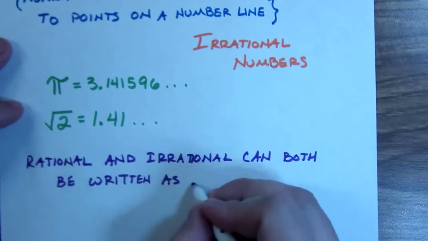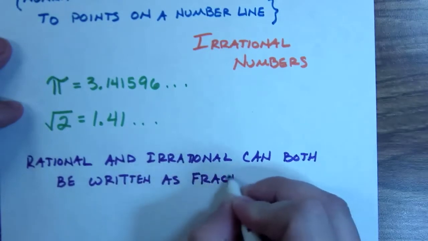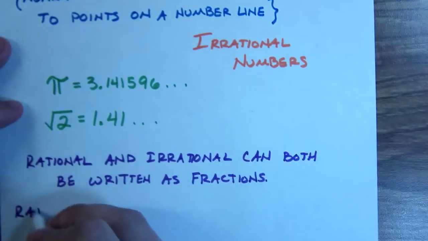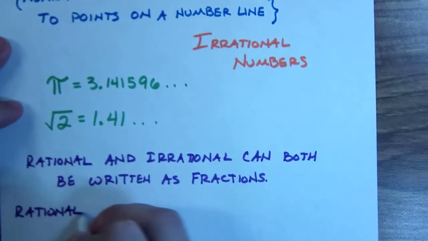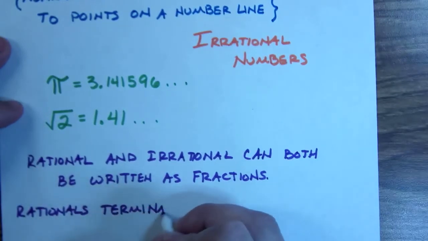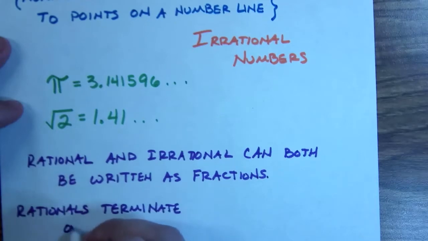So what's the difference? Rational numbers terminate or repeat. Now what do I mean by that?